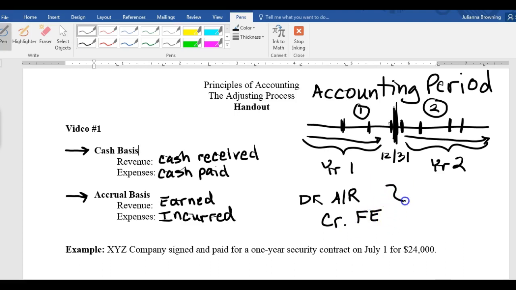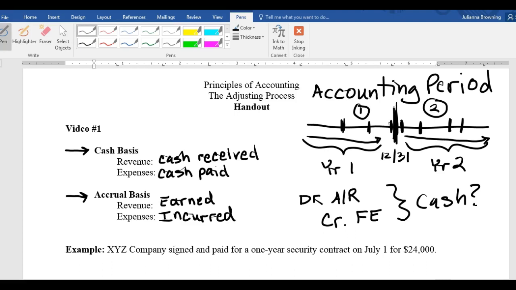Now in this case, where is the cash? Well, there is no cash portion of the transaction at this point. We have received a promise from our customer that they're going to pay us, but we have actually performed the service, so we are going to recognize the revenue.